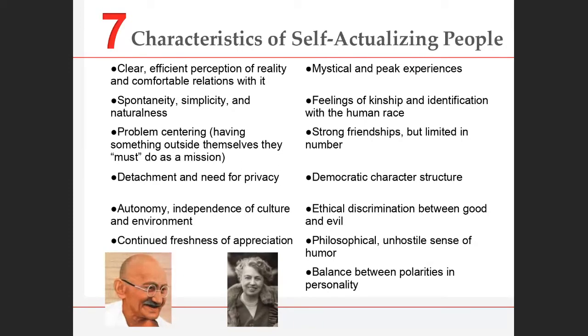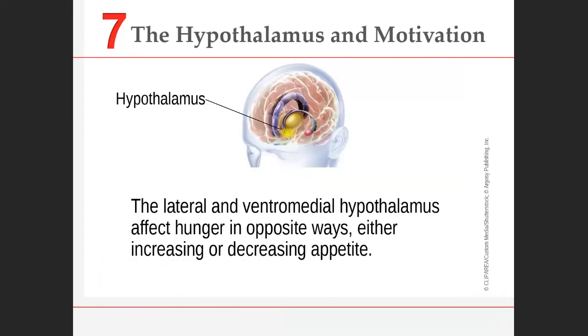So that's Maslow's. It's one of the most famous theories of motivation, and it has that level of the achievement need in there. And even though that objective doesn't state it, I wanted to make sure you knew the physical part of motivation, which is your hypothalamus.